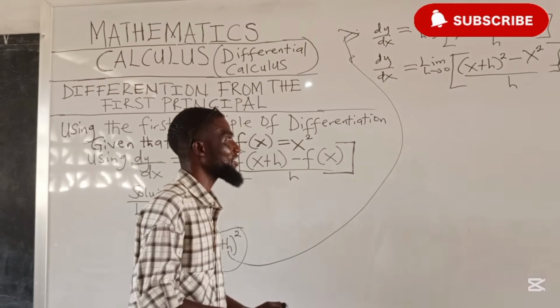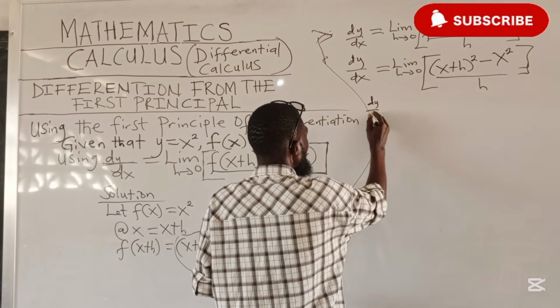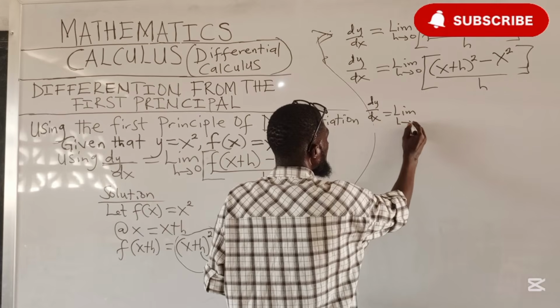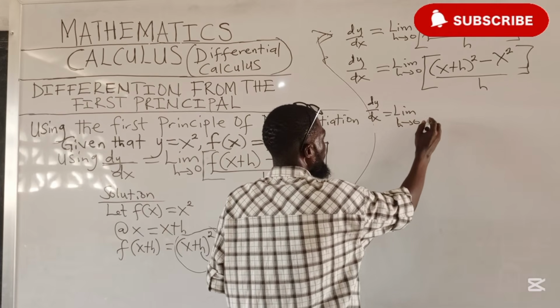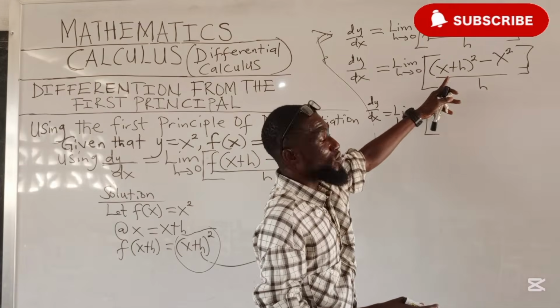On this note, ladies and gentlemen, we say dy over dx will just be equal to limit as h approaches 0, bracket open. We expand this.